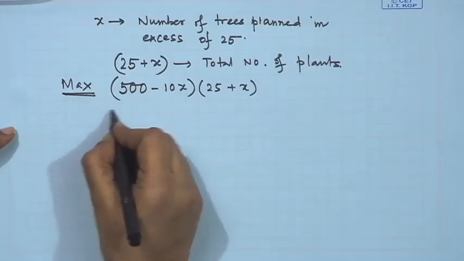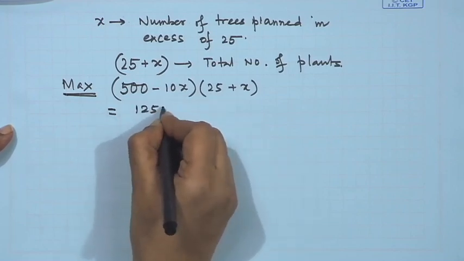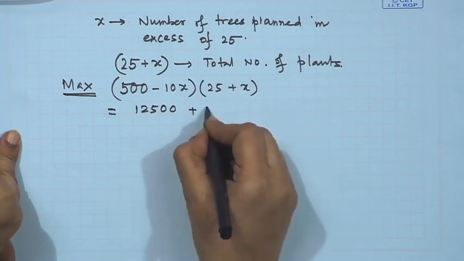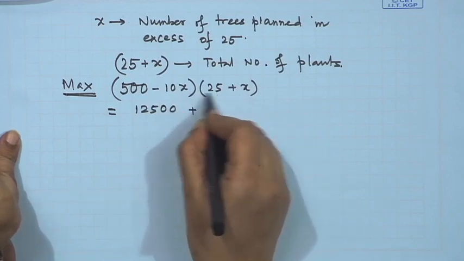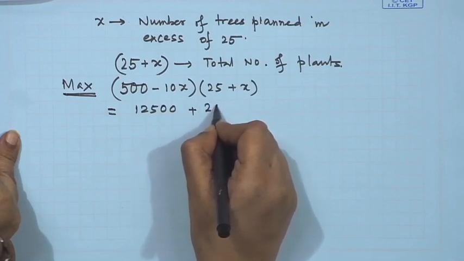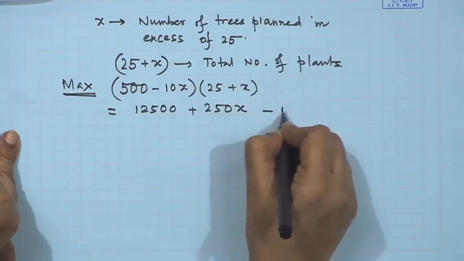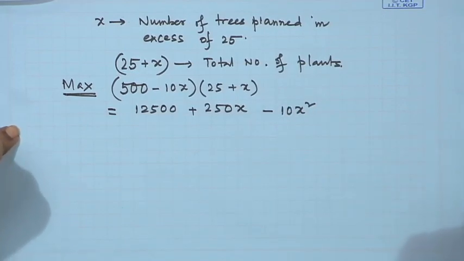Now, if this is the problem for us, then just look at the function. This function is coming as 125,000 plus 500x minus 250x, it is coming 250x minus 10x square. Alright, we have to maximize this function.